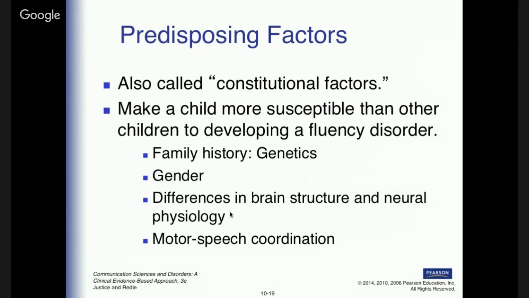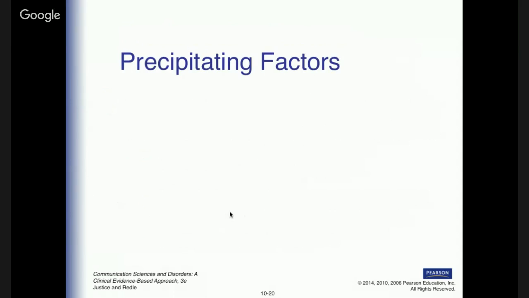These are the kids who don't have the genetic history. These are the kids that are going to be more likely to stutter. These are also kids who are going to be more likely to have attention deficit disorder, and then also motor speech coordination, just sort of overall motor speech coordination. And stuttering really is a motor speech disorder. It's not called that, but that's kind of what it is.